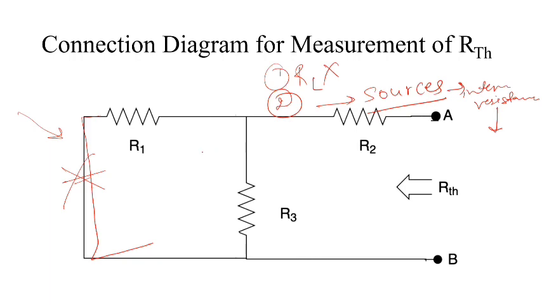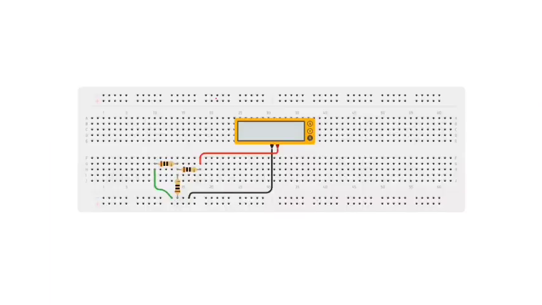So you can already imagine how this would look onto the breadboard. We are going to need a simple connecting wire to just short circuit those two terminals.